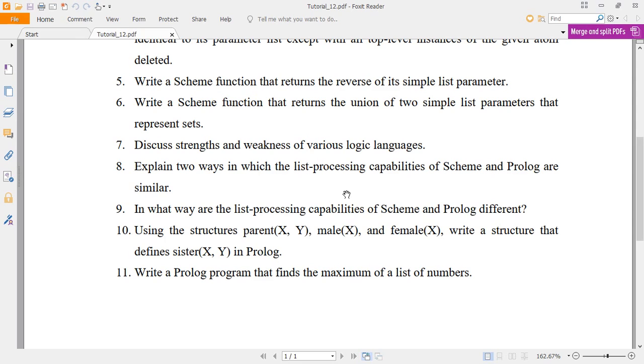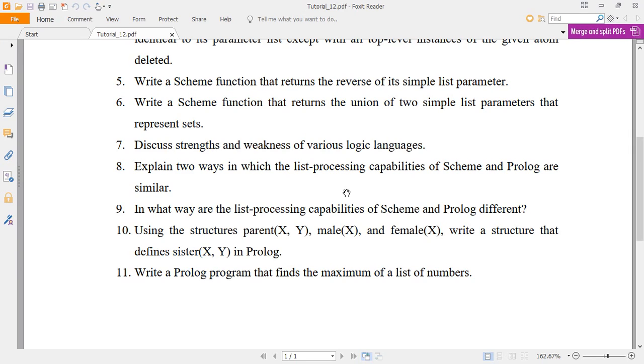In the same way, in Prolog also we have the method called head and tail. Head will always give the first element from the list. Tail will give the remaining elements by removing the first element. Next, in the ninth question: in what way are the list processing capabilities of Scheme and Prolog different?